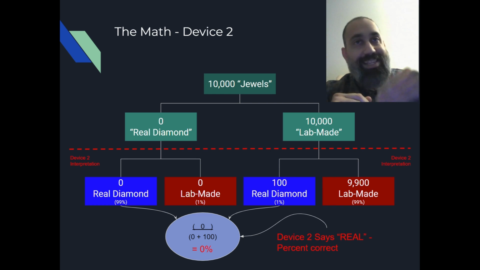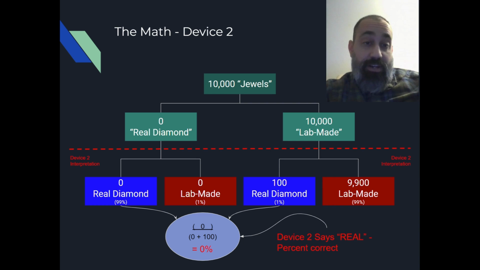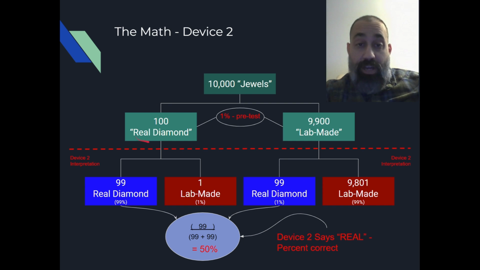We also realized that the accuracy of the test depended on the context. If we gave it a no-win scenario where there were no real diamonds in the bag at all, then when the device said it was real, it was always wrong, because that was always from error. The 100 times that the device said that it was real were all false positives. In a 1% chance, where there's 100 real diamonds out of 10,000, then the device was right 50% of the time.